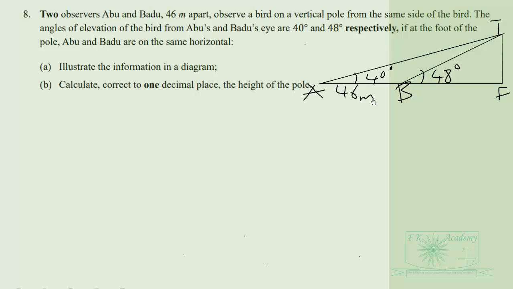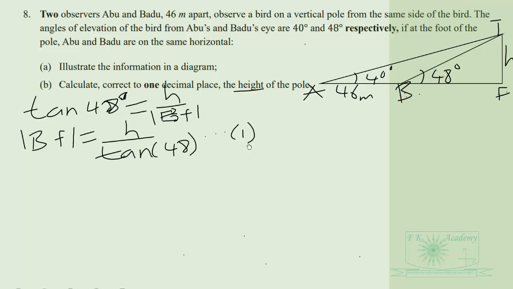Then the B part says we should calculate, correct to one decimal place, the height of the pole. So let this be the height of the pole, and this is what you're going to do. You're going to use trigonometry. We have from triangle ATF, tan 40 is equal to opposite, which is h, over 46 plus BF.